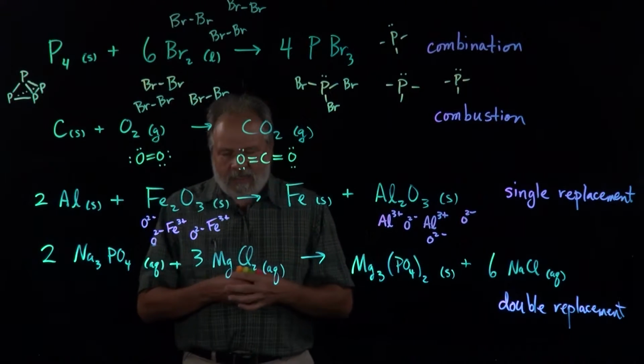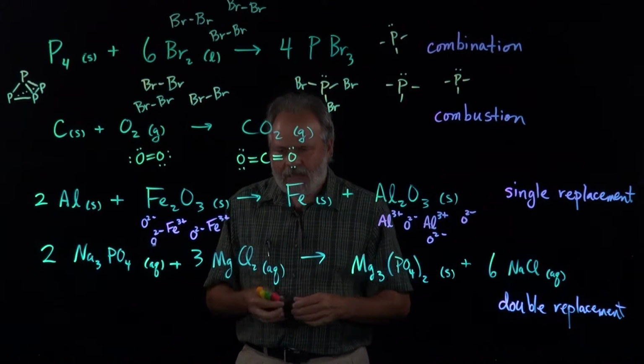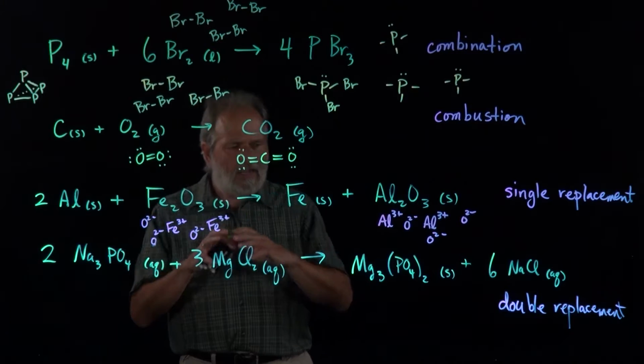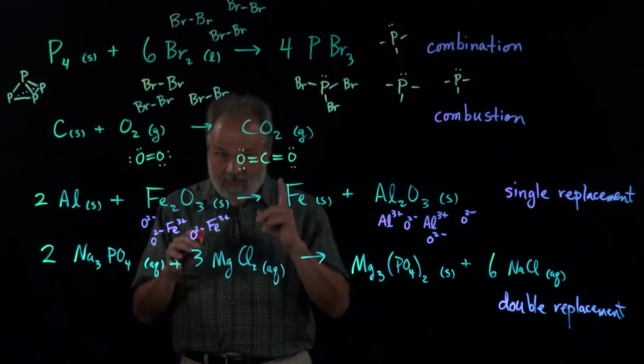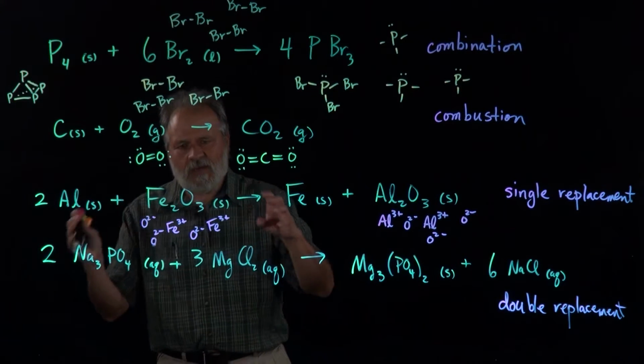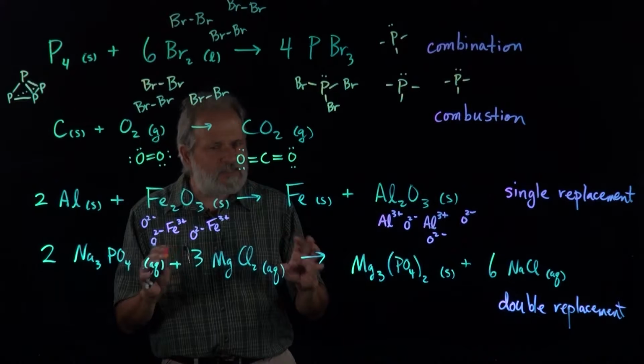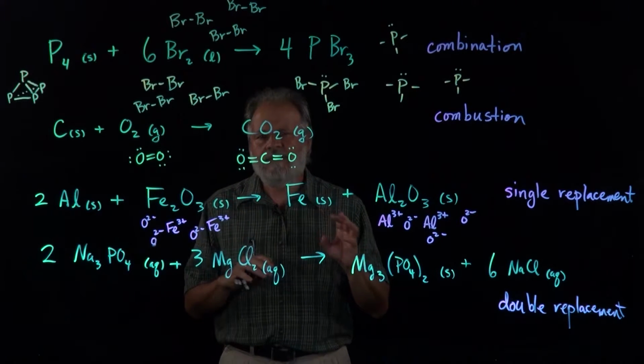The last example is dissolved aqueous ionic compounds. Now what happens in an ionic compound when it dissolves, if it dissolves, is the ions get surrounded by water and they're all separated. So you still have the same ions. Not much happens, or most of the time nothing happens to the ions themselves.